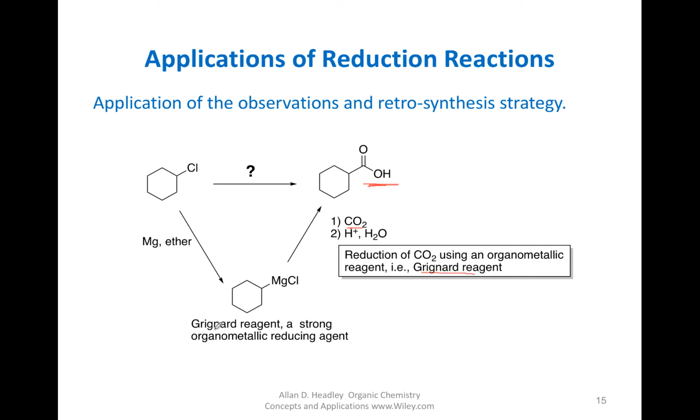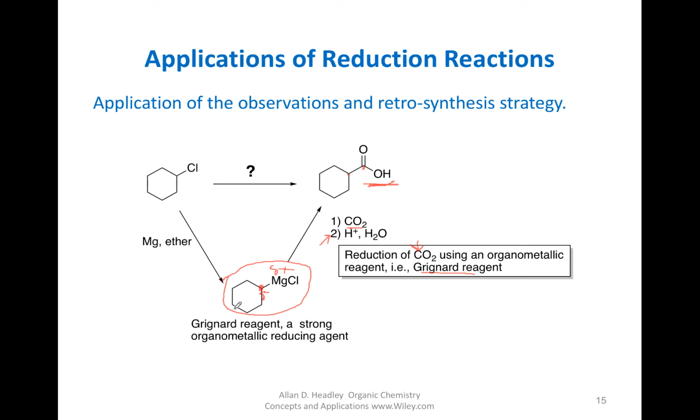But we need a Grignard reagent. Here is our Grignard reagent, where this is partial negative and partial positive over here. So this is the carbon that will react with this CO2. Here's that carbon negative, here's that carbon positive from CO2. And of course, after hydrolysis, we have here our proton.